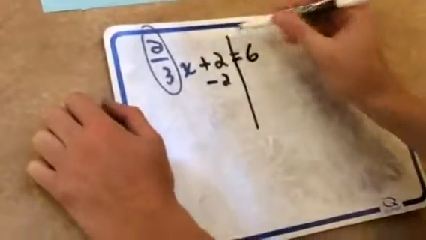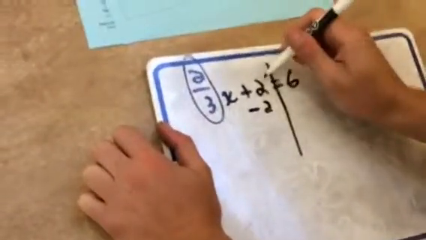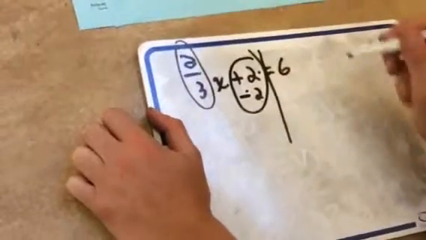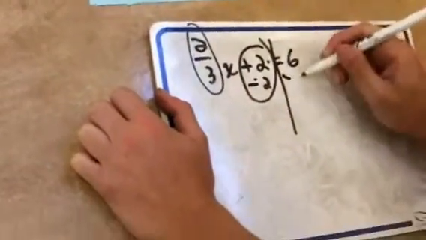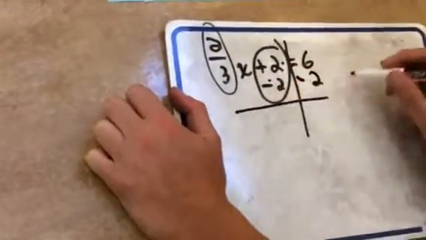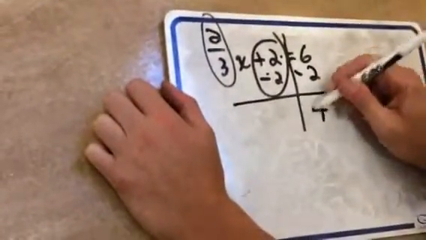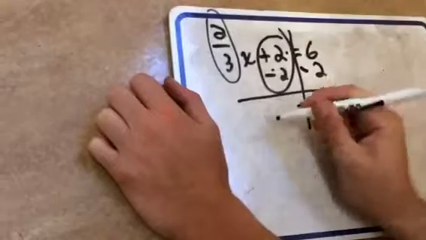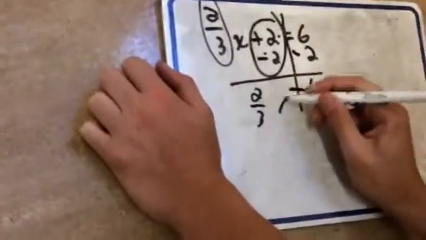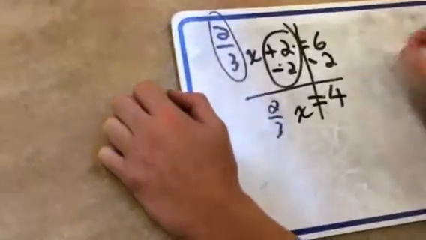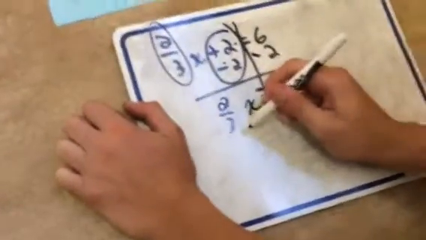First, we subtract the 2 from the positive 2 to cancel out. And what we do to one side, we have to do to the other. So 6 minus 2 would give us 4. And then it would be 2/3 x equals 4. Then you would just treat the rest of the problem as if it were a one-step equation.